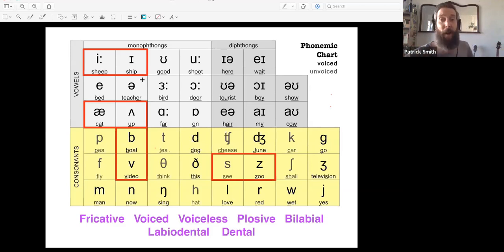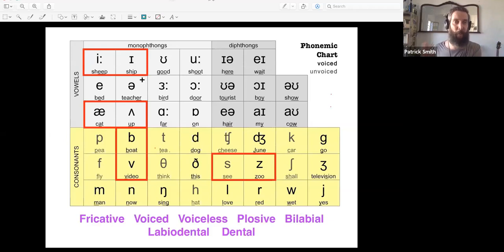Now, the reason I put some of these in red boxes is that these are the ones that tend to be difficult for Spanish and Catalan speakers, basically because maybe in your languages, you don't distinguish between these two sounds in the same way that we do in English. So just to quickly review, if we start in the top left-hand corner, we've got sheep, then ship.